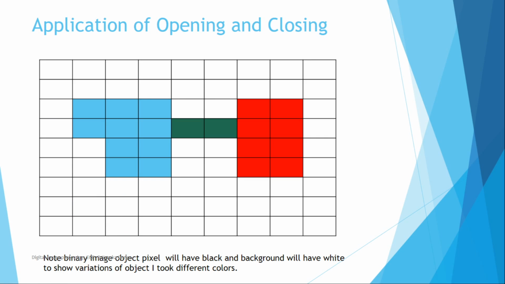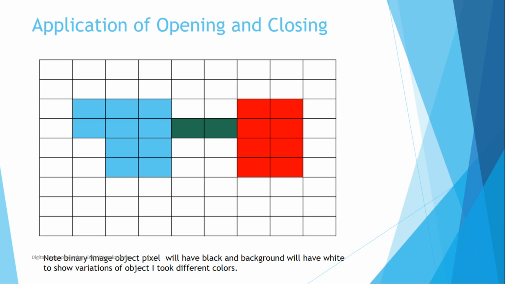Now, the opening and closing operations, where we have to apply them, and what are the advantages of them? We will see that. Observe this, this is the total image I am considering. In this image, the fully occupied cells are objects and the unfilled cells are background.